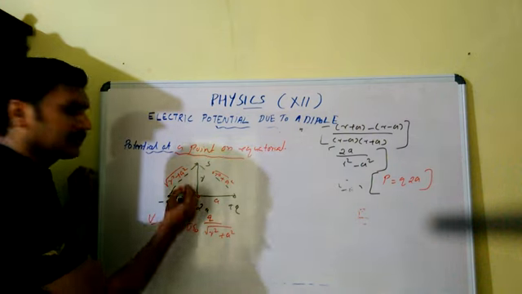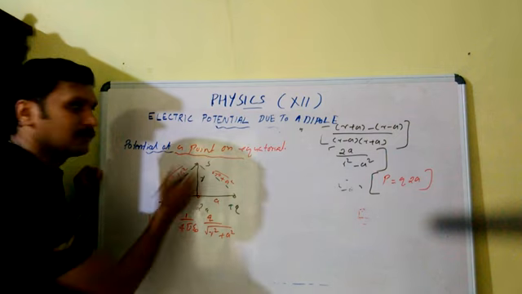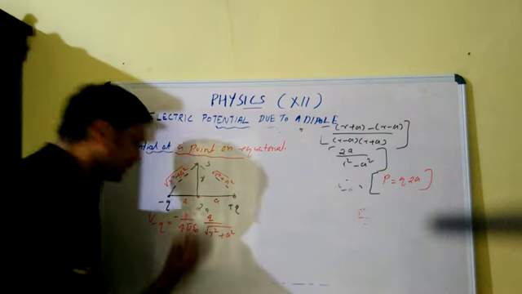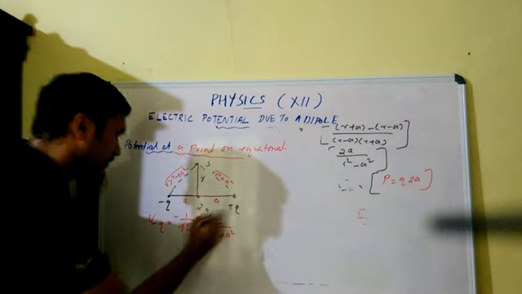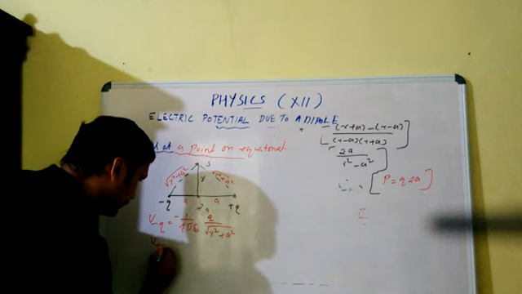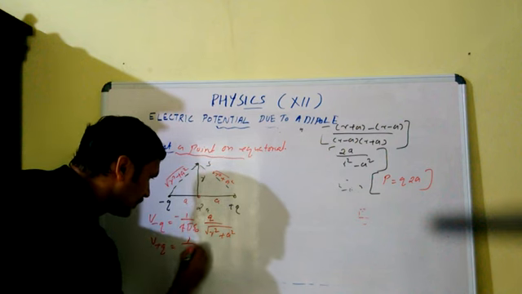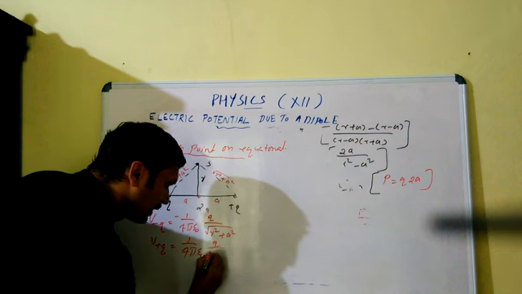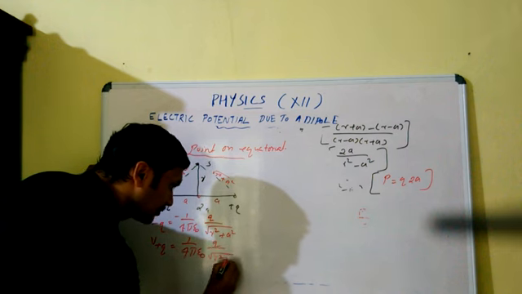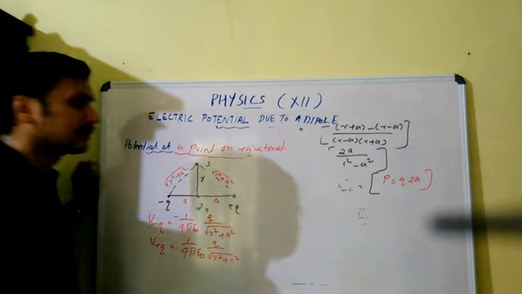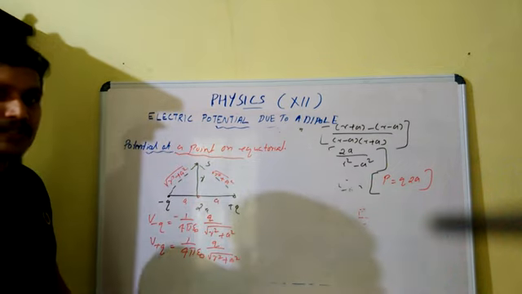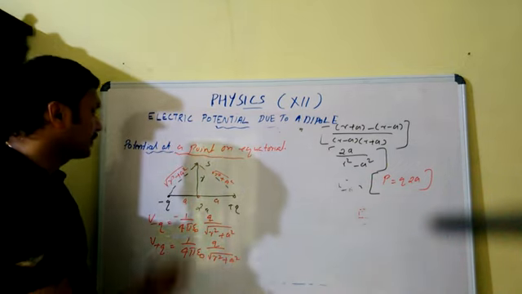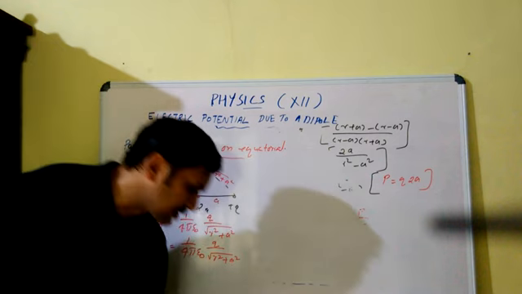And this is a negative quantity. This is the potential due to the negative charge, so this is minus. Now find the potential due to the positive charge. V plus Q is equal to 1 by 4 pi epsilon 0 Q by root of R square plus A square. This will be a positive quantity, because this is the potential due to the positive charge.